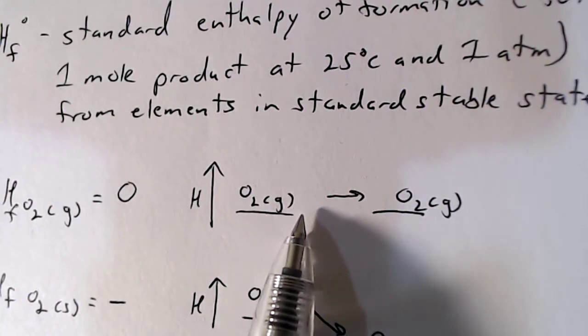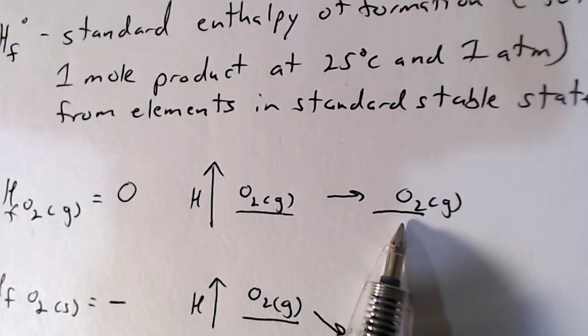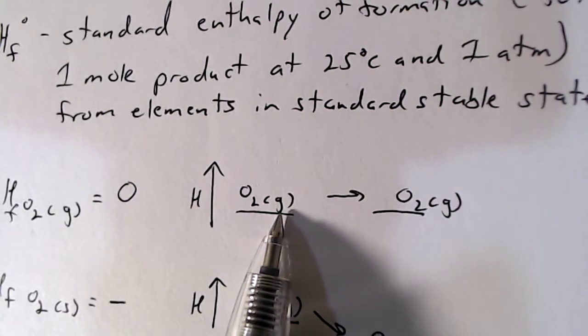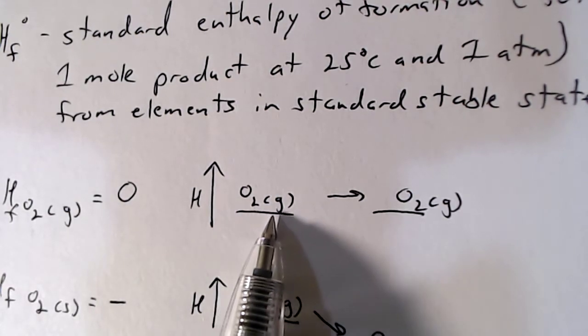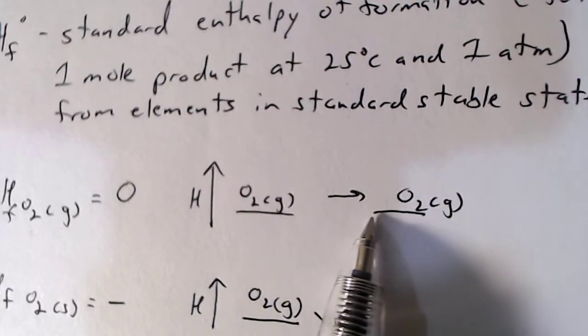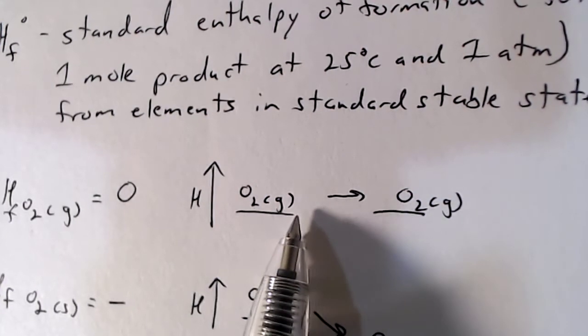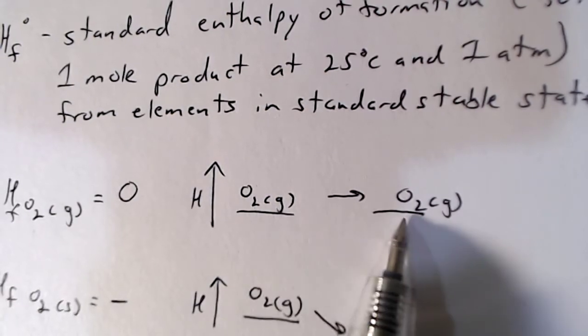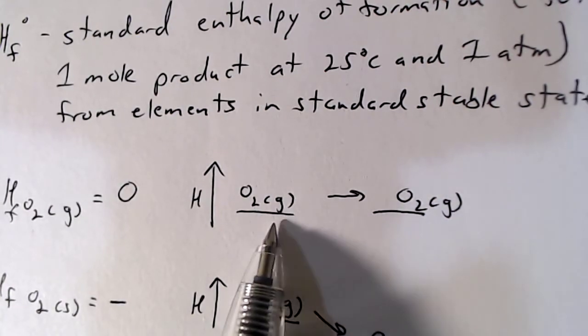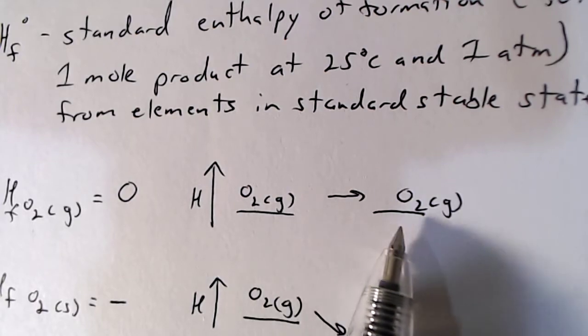Consider that in order to form oxygen gas, you need to get it from the way that oxygen normally exists at room temperature, that's O2 gas. So here the enthalpy of formation is 0 because there is no change in enthalpy or stability as you go from this thing to exactly the same thing.